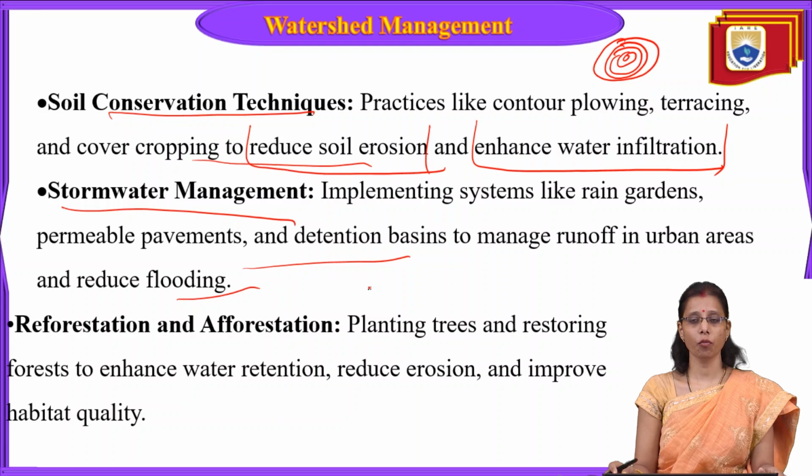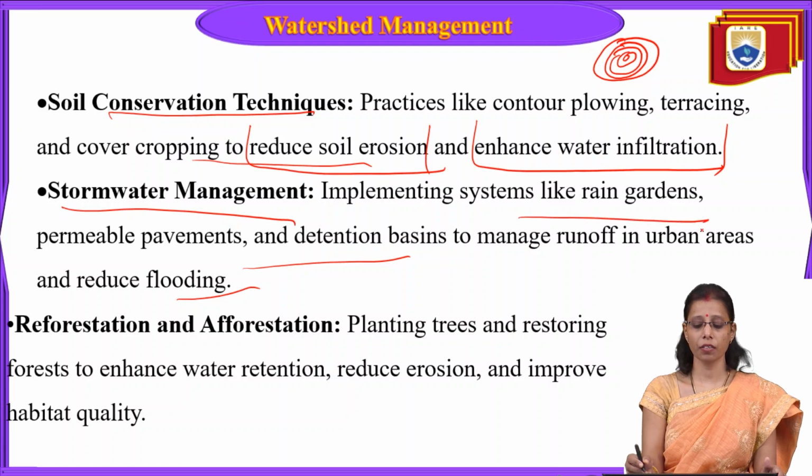Stormwater is the water which comes through rainfall in regions like urban areas, which can cause flooding. So how do we manage this? We can implement rain gardens or permeable pavements.